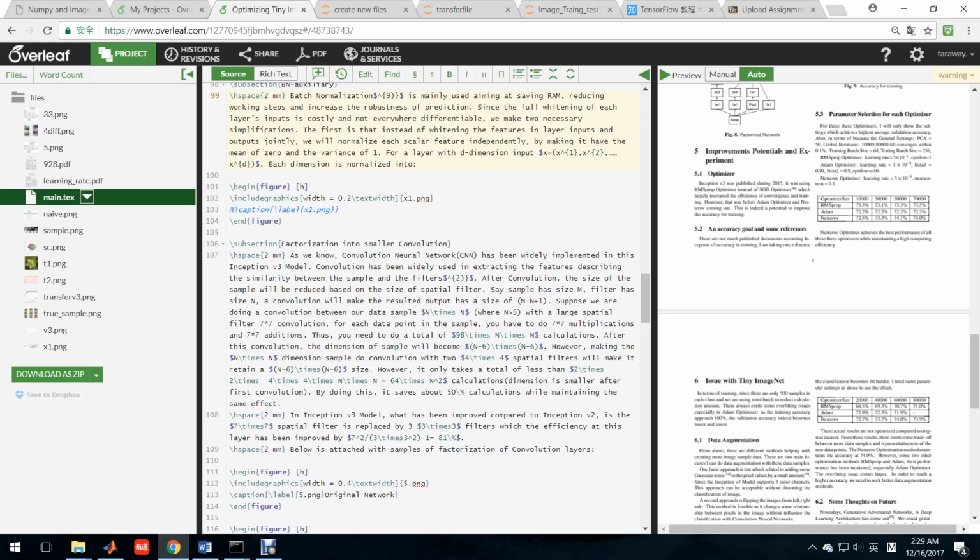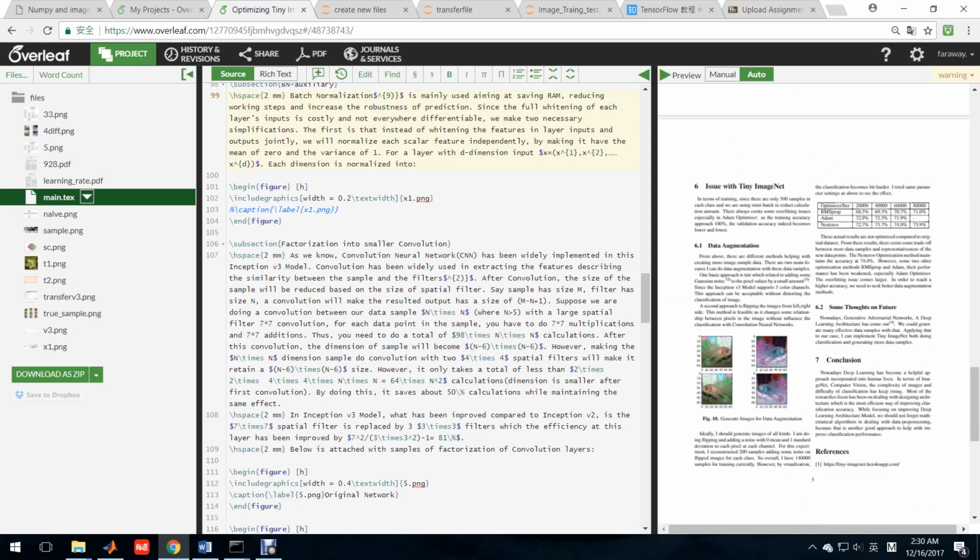Because some extra data provides some important features for correct classification, but the overfitting issue still exists. Even though I added 200 samples for each class, there's still an overfitting issue. So let's talk about the future.